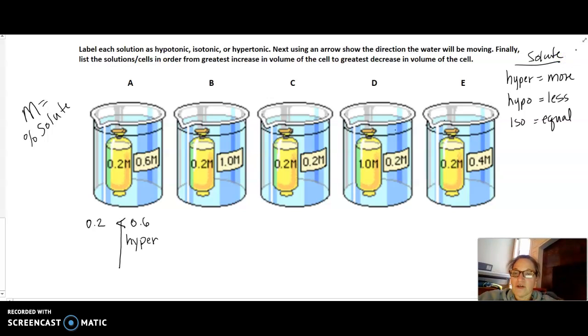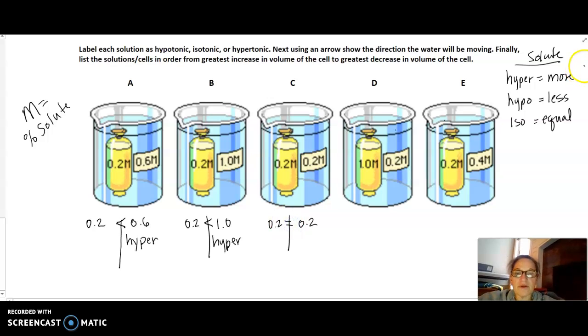All right. So if we look at container B, inside we have 0.2 molar, outside we have 1.0, and so 0.2 is significantly less, so it's going to be hypertonic. In C, we have 0.2 and 0.2 in the solution, and so these are equal.